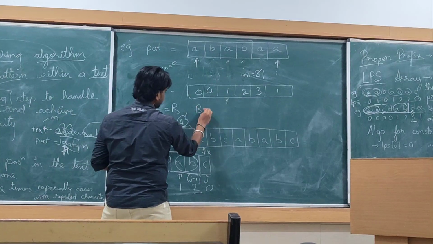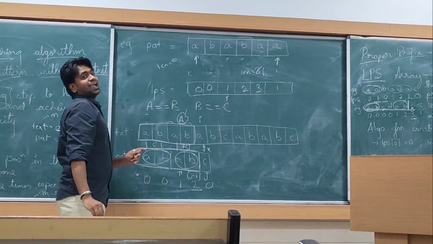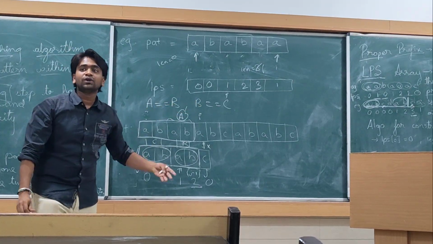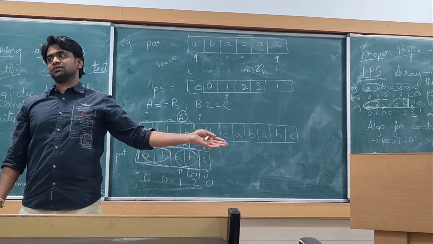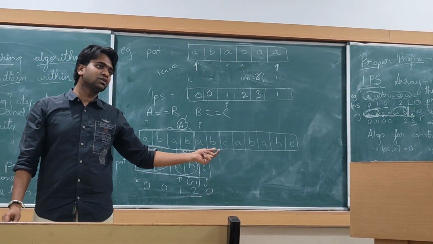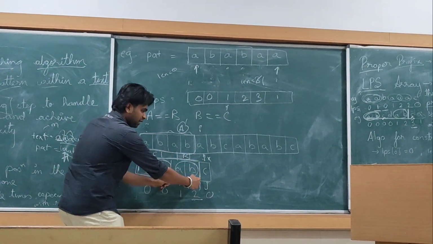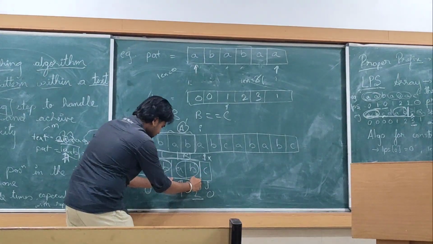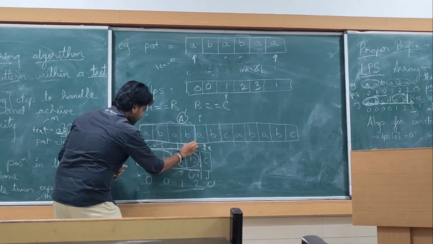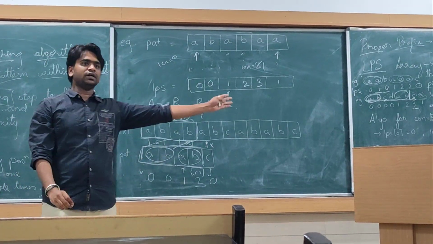So I know B is equal to C. Now can I say A is equal to C? Yes. So why do I match it again? No need, right? That's the beauty of this algorithm. This AB is matching to this AB, and I know this AB is matching to this AB, so I could skip comparing this and move ahead.